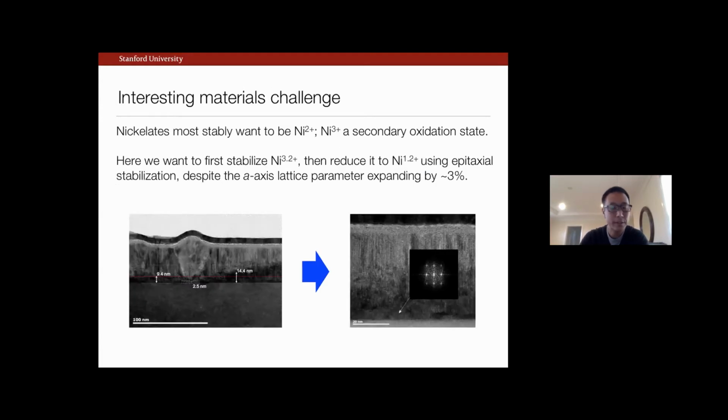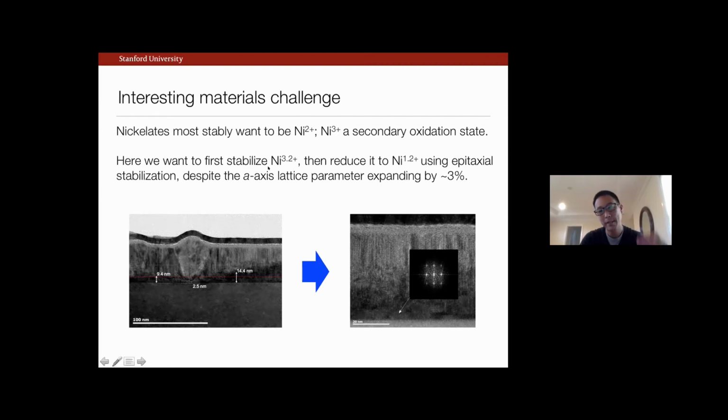Now, it turned out that there was still quite a bit of work to do to give you a rough hint of what you were seeing in that partial transition. Let me summarize a rather interesting materials challenge: going back to the point that nickel wants to be most stably 2+. 3+ is a secondary oxidation state. What we want to do is, in some sense, perverse from a chemistry point of view.